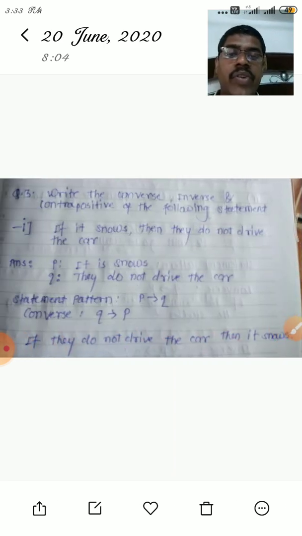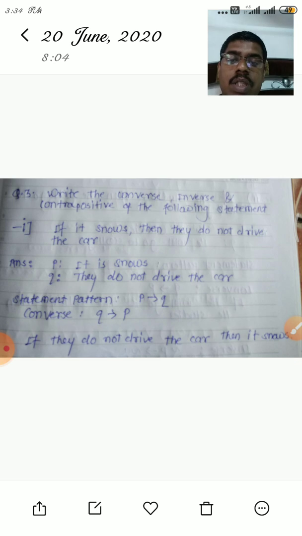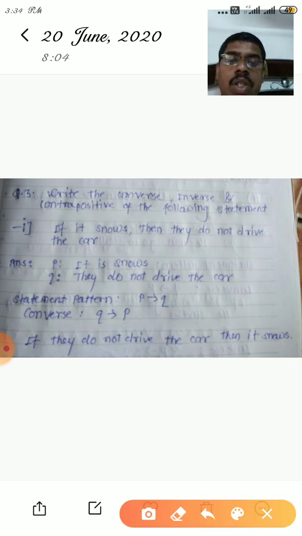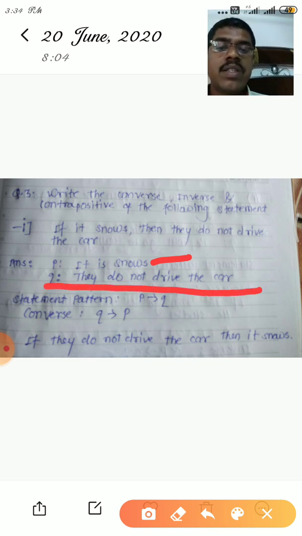Next question: write the converse, inverse and contrapositive of the following statement. See the first one: if it snows then they do not drive the car. Let P denote it snows and Q denote they do not drive the car.